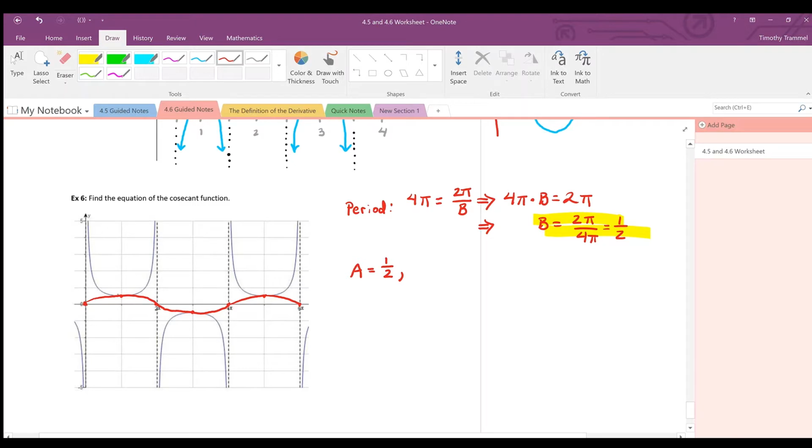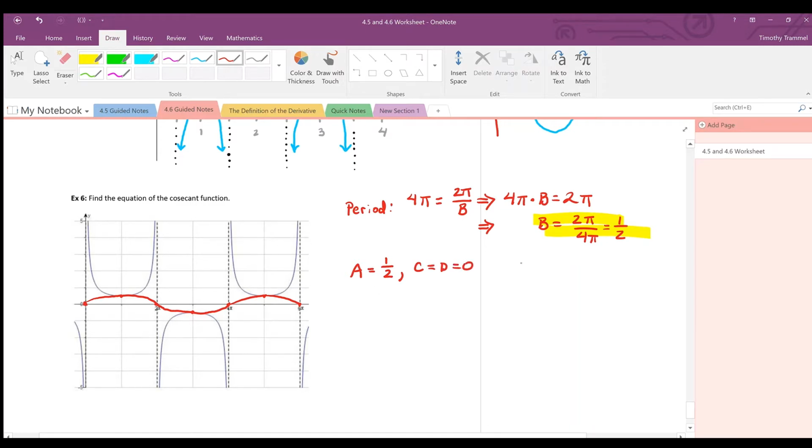And then next we have AB, so we're on to C. Well, there's no phase shift because, once again, this starts at the middle of the wave and then goes up just like sine of x does. And there's actually no vertical shift either, right? Again, the y value that we're starting with here is 0, not something else. So we have C equals D equals 0.